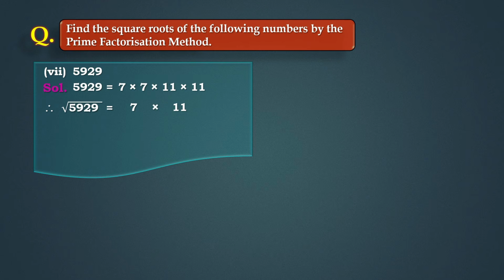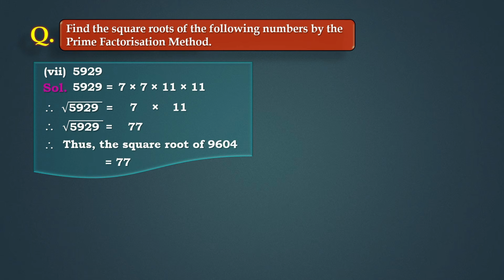So, the square root of 5929 is equal to 7 multiplied by 11. Now, multiply them. 7 multiplied by 11 is 77. Therefore, the square root of 5929 is 77. Keep practicing these problems to become faster and more confident in this method.